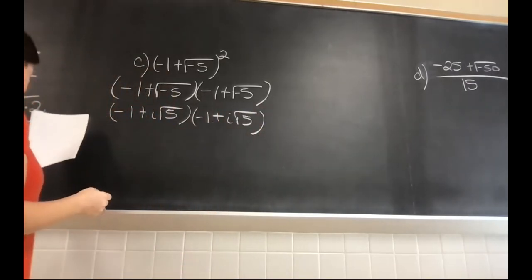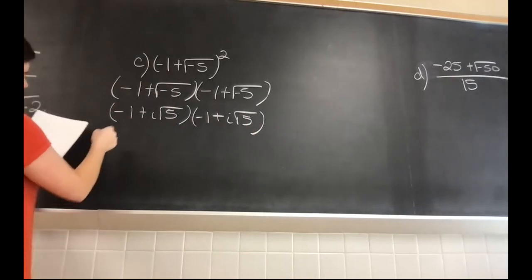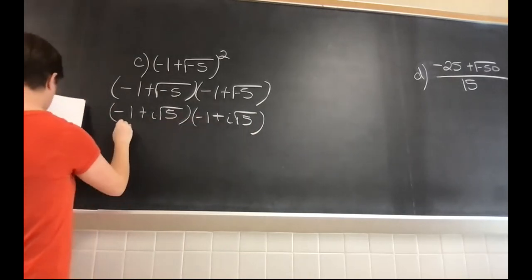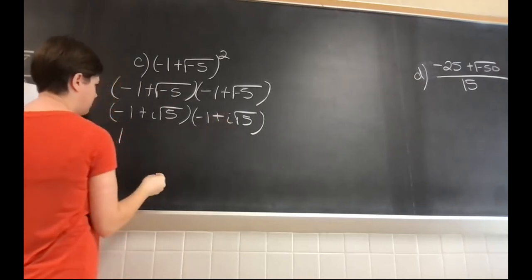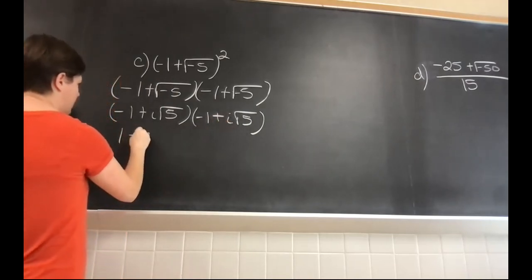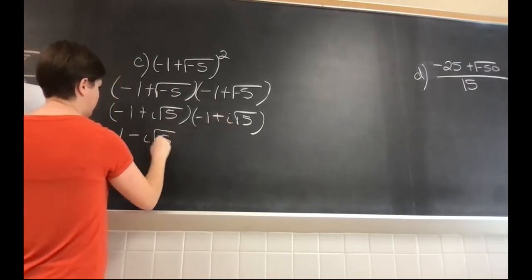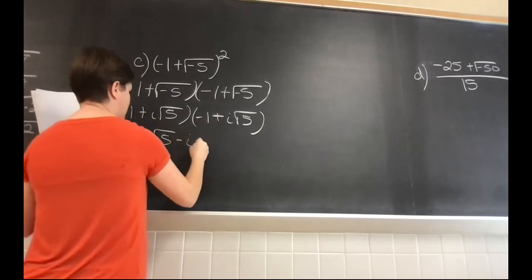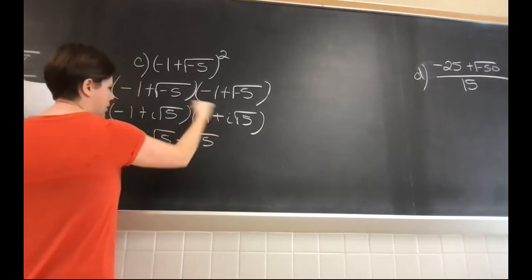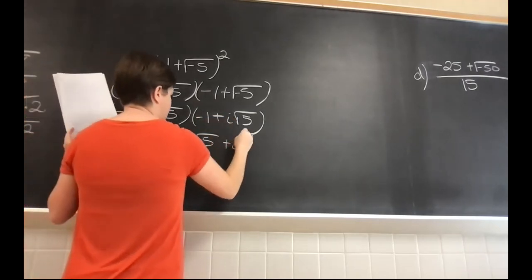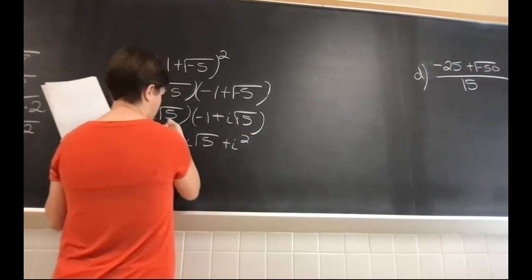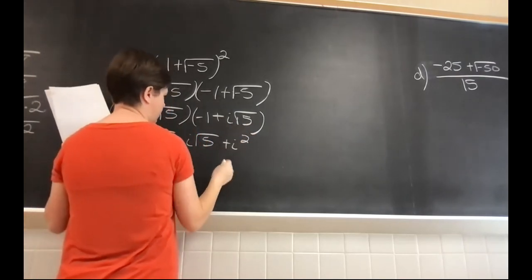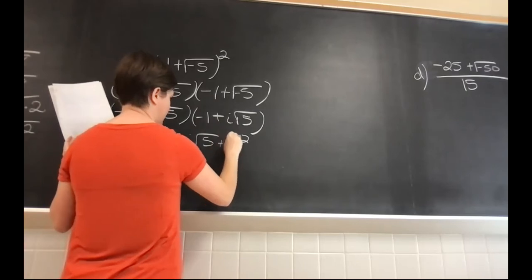Now we're able to do our FOIL method. -1 times -1 is a positive 1. -1 times i square root of 5 will become a -i square root of 5. Again, -i square root of 5. Then we get plus i squared, and then square root of 5 and square root of 5 becomes a 5.